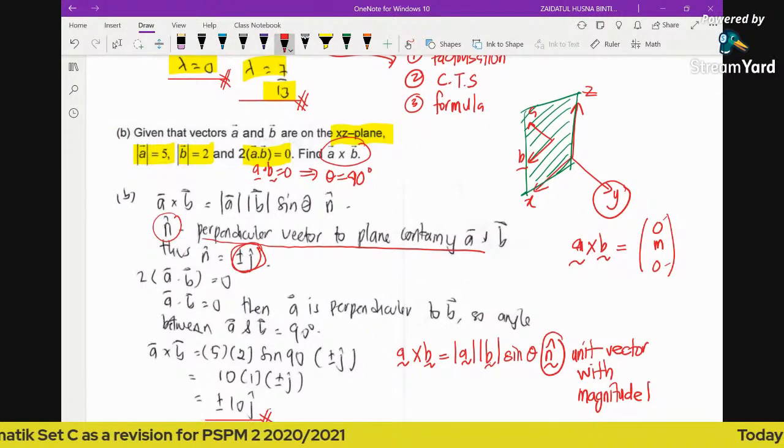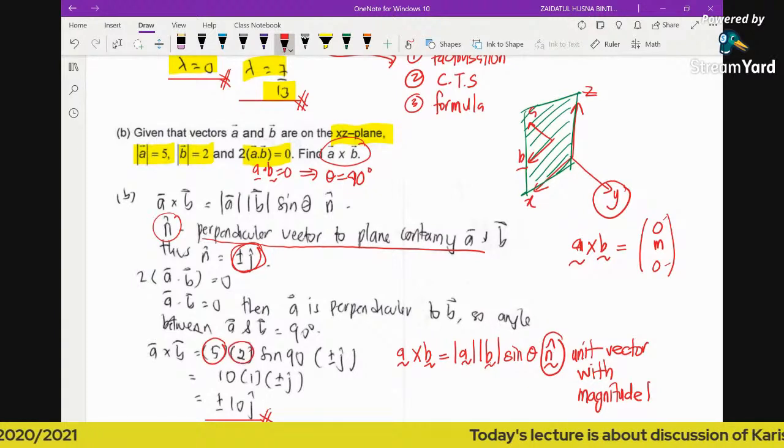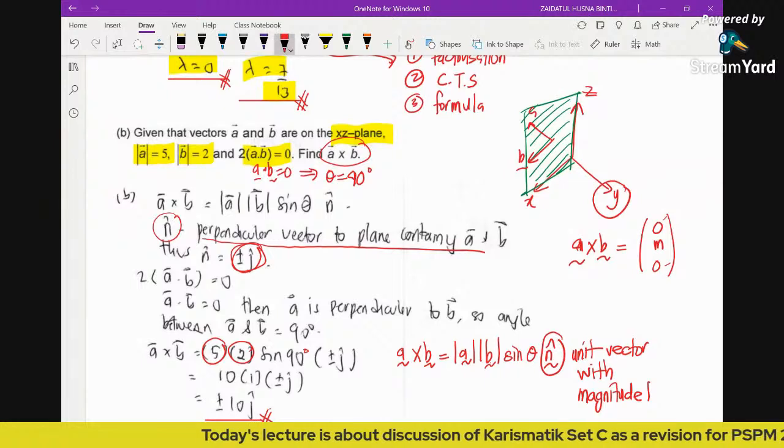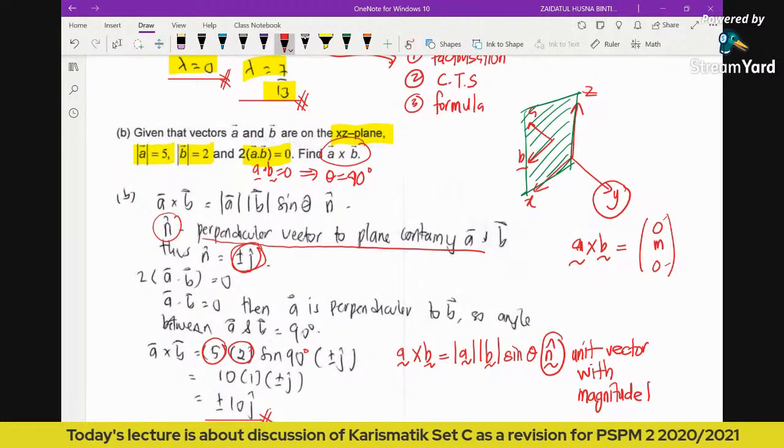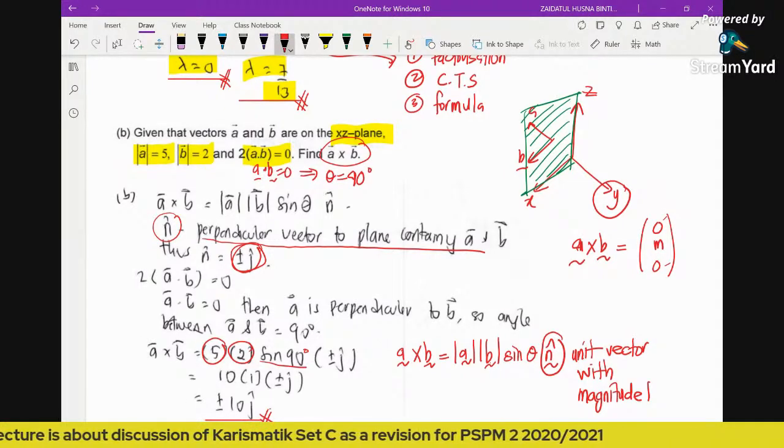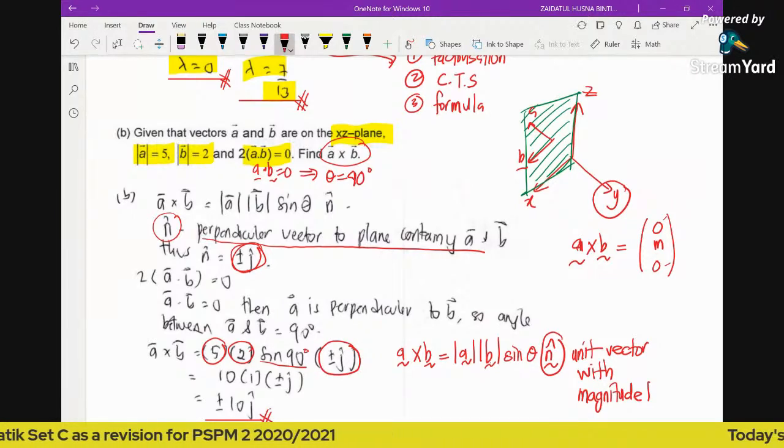Now we have the magnitude of A, 5, the magnitude of B, 2, and because the dot product is 0, we know that theta is 90 degrees. Substitute here and multiply by the unit vector. Eventually we get A cross B to be plus minus 10j.